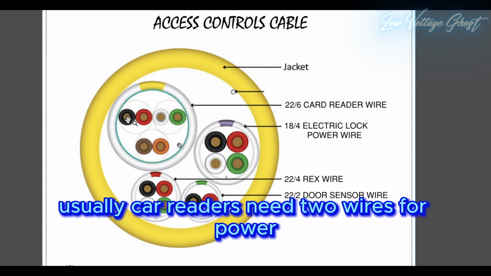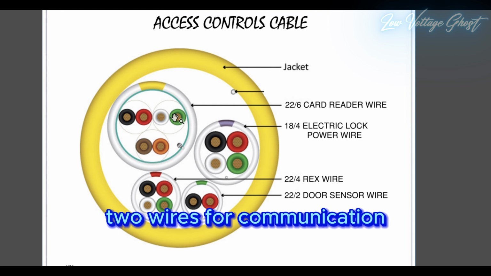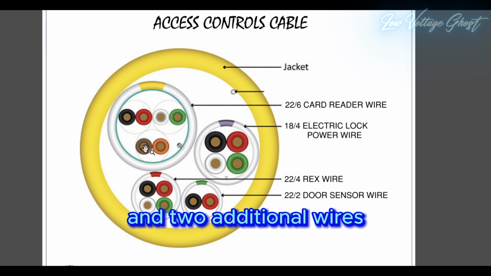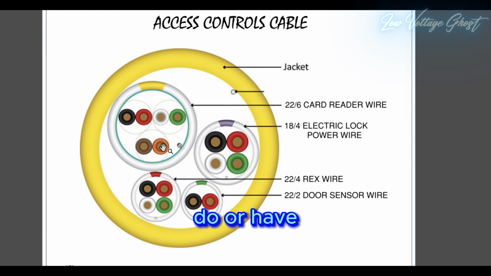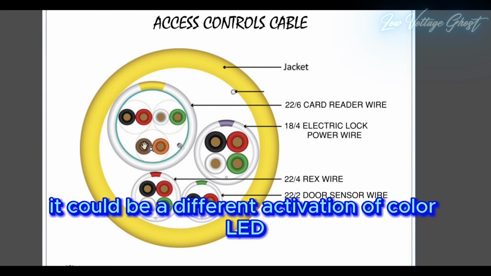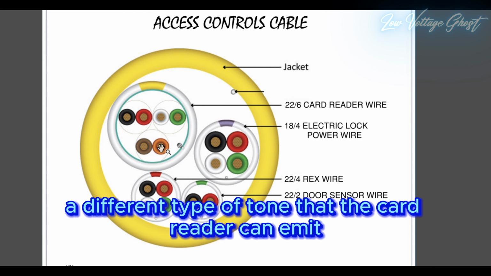Usually card readers need 2 wires for power, 2 wires for communication, and 2 additional wires for additional features that the card reader could do or have. It could be a different activation of color LED, or it could also be a different kind of tone that the card reader can emit.